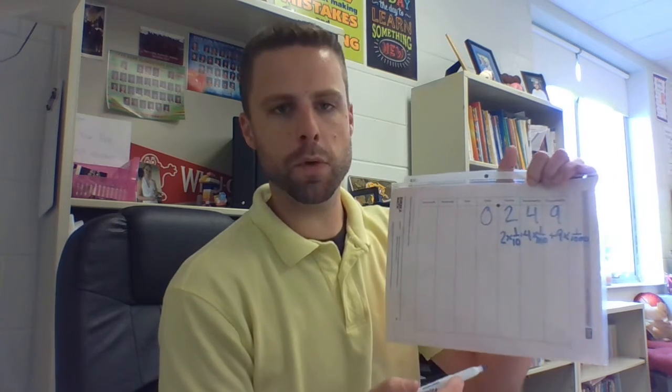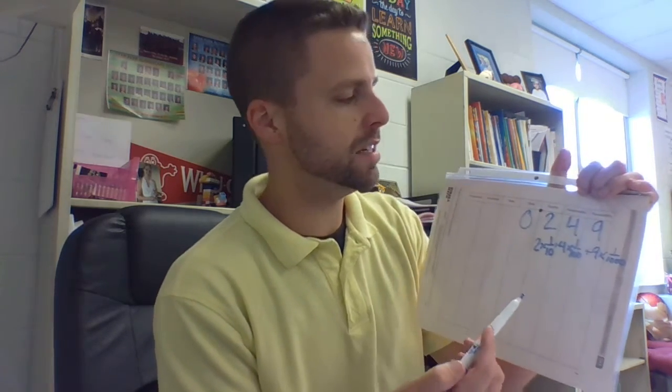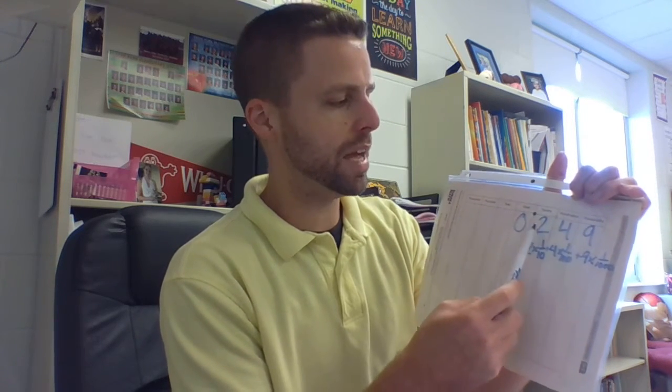My 9 is in the thousandths place, so I do 9 times 1/1000. And we add all those together. Expanded form is just the value of that digit, how much each of these digits is worth. So that's 2 tenths, 4 hundredths, 9 thousandths. Then we expand it further by writing it using a multiplication problem. Like I said, it's digit times the place.